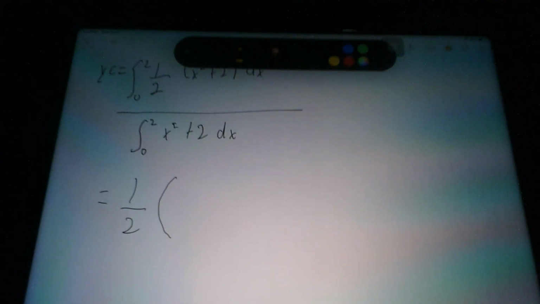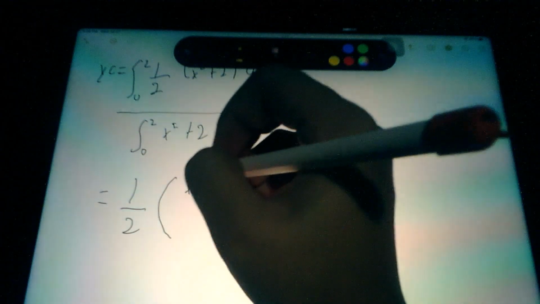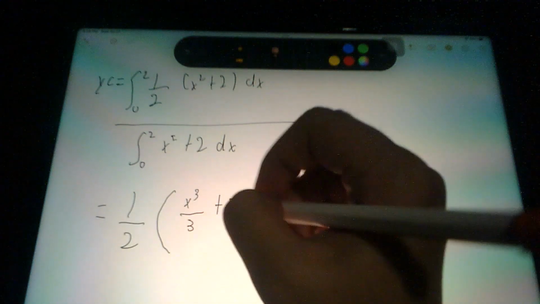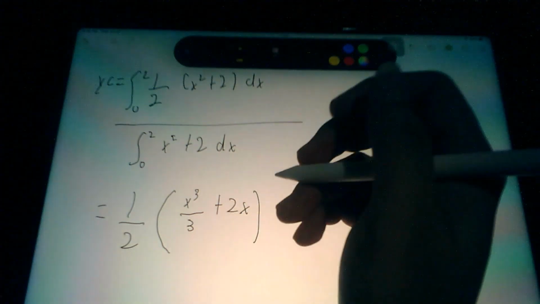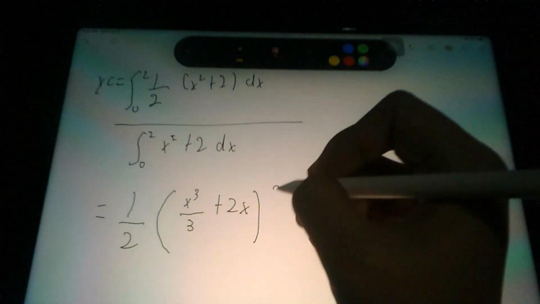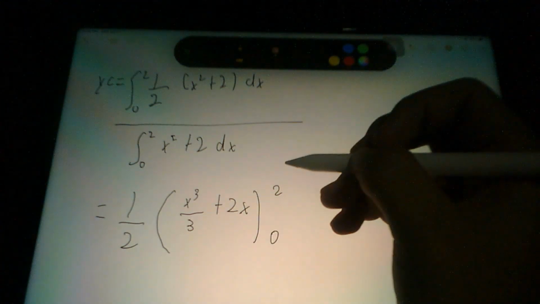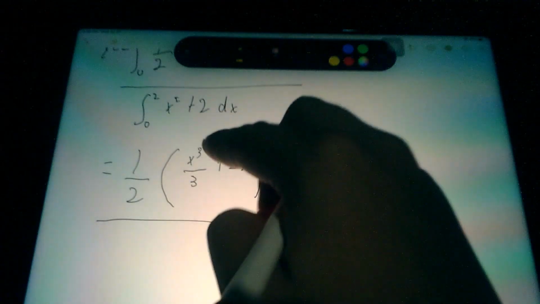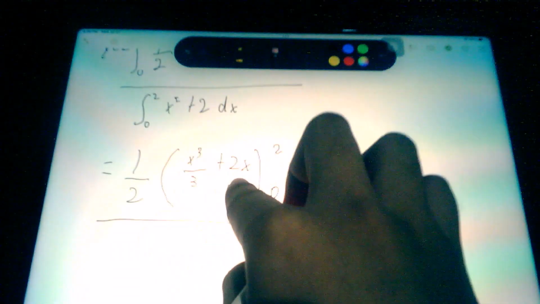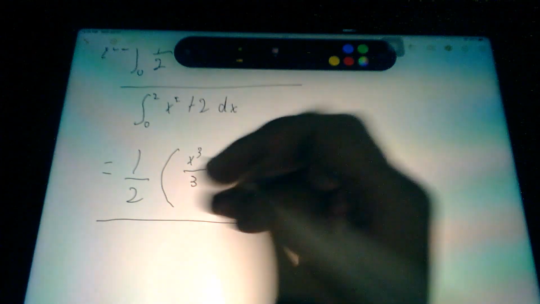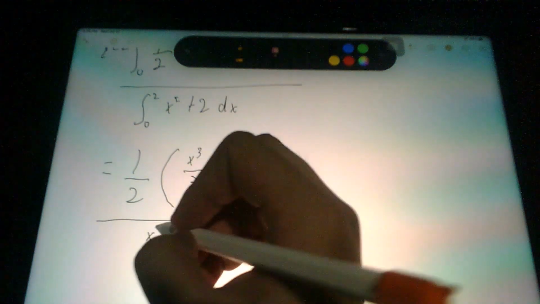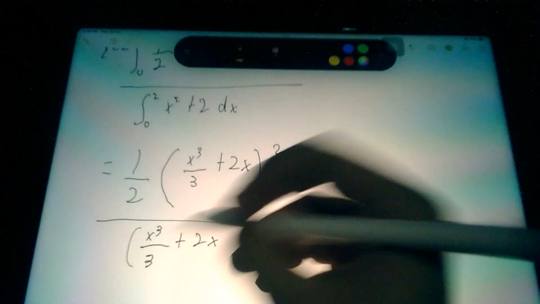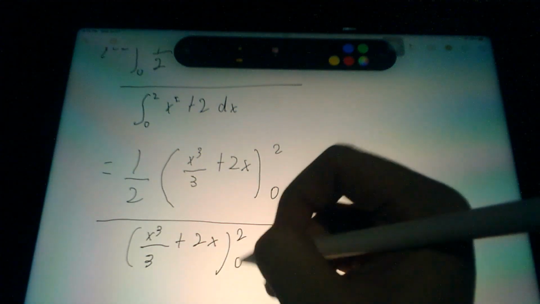So the integral of x squared is x cubed over 3, and the integral of 2 is just 2x, from limits 2 and 0, over the integral of x squared plus 2, which is the same as our numerator, x cubed over 3 plus 2x, from the limits 0 to 2.